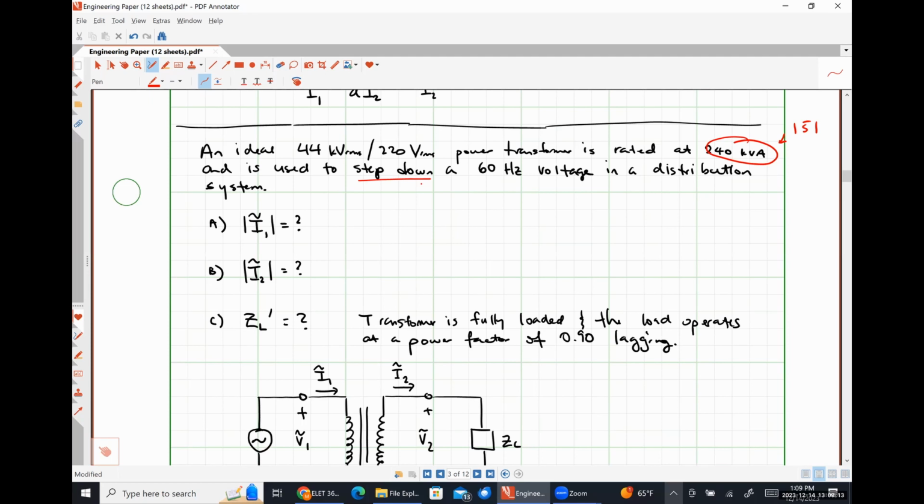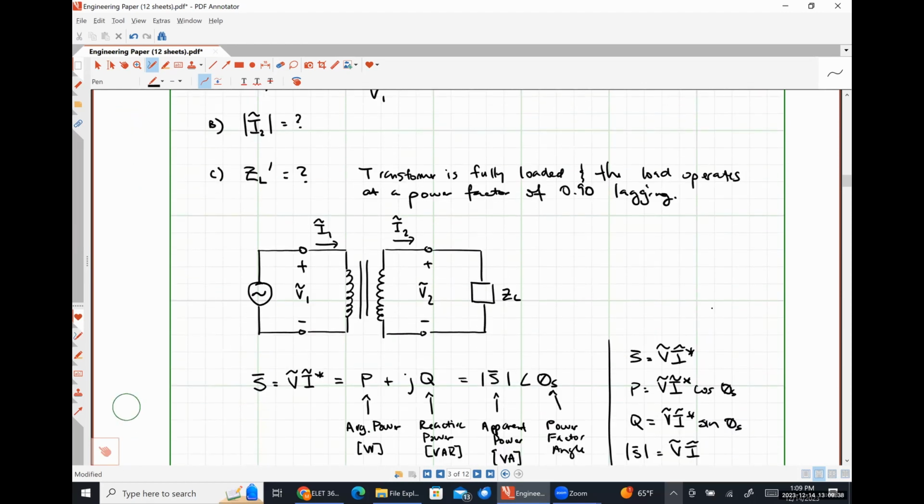Okay. So our current I1 should just be 240 kilovolt amperes divided by V1. Hold on.